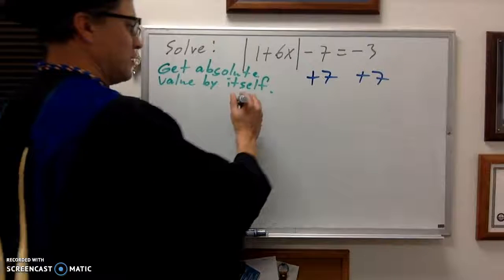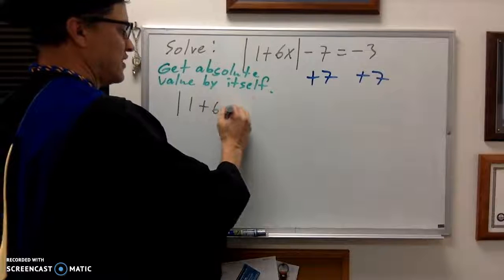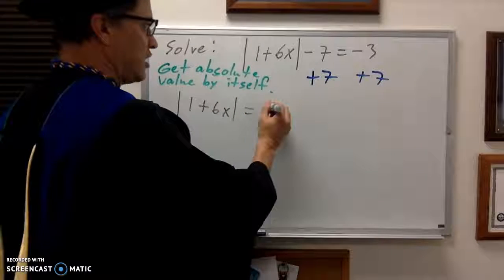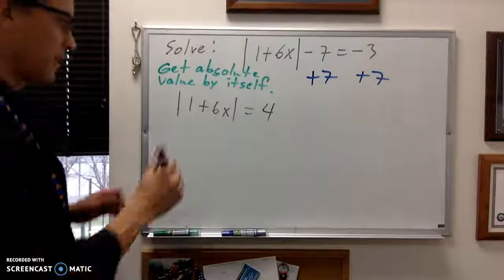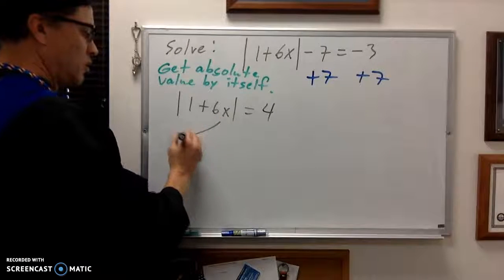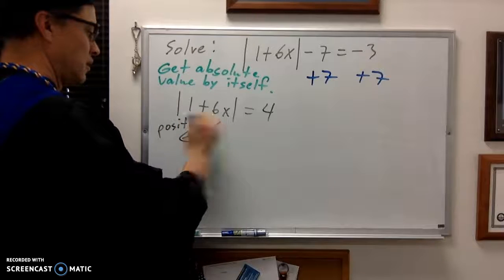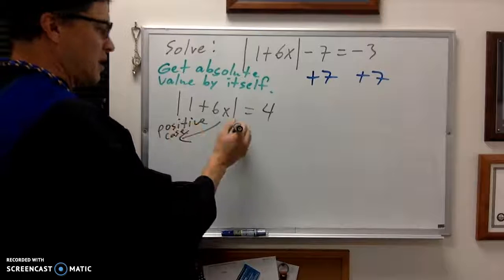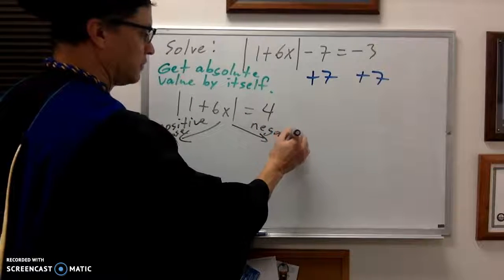In this case, we're isolating for our absolute value of 1 plus 6x equals 4. Now we're going to go two directions here, okay? We're going to go into what I call the positive case. And then we're going to go into what I call the negative case.